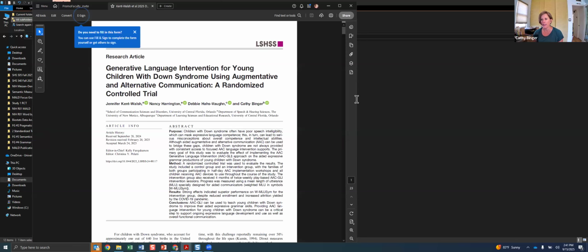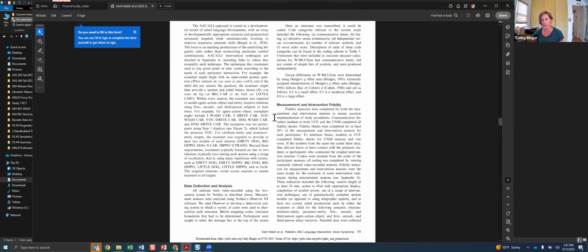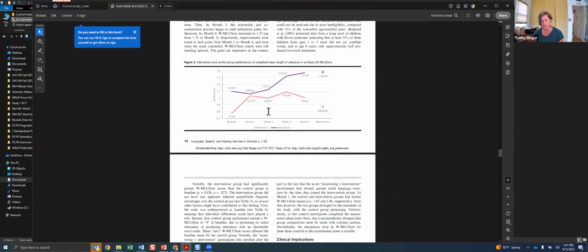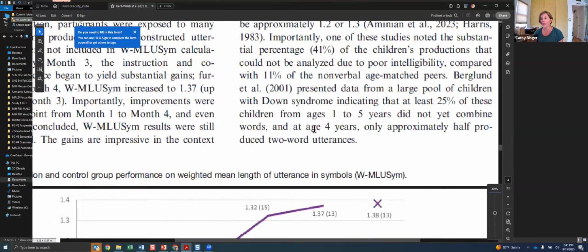In the Down syndrome paper, I'm just going to show you the graph from this paper. We had a control group and an intervention group. The control group is in this orangey melony color here, and the intervention group is in purple. And this is in weighted MLU in symbols.